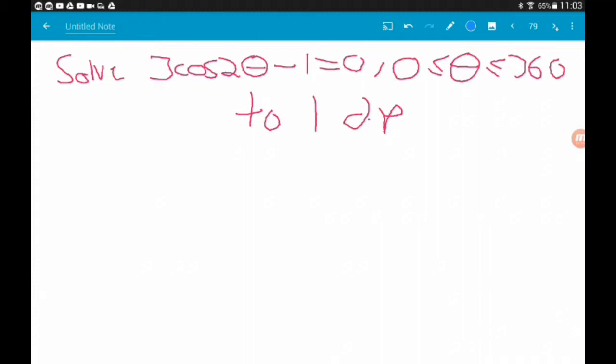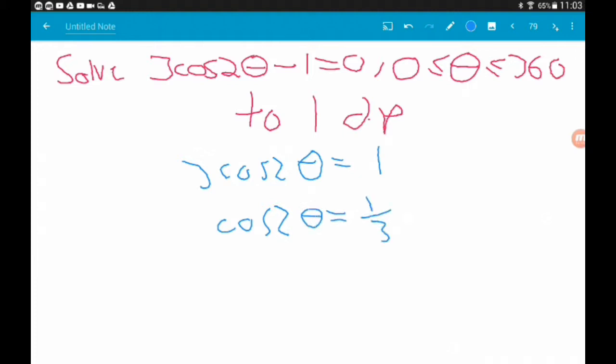So first thing here, we got a bit of a funny equation. We need to rearrange that to get the cos function on its own. So if we add 1, we get 3 cos of 2 theta is equal to 1, and then divide by 3, we get cos of 2 theta is equal to 1/3.